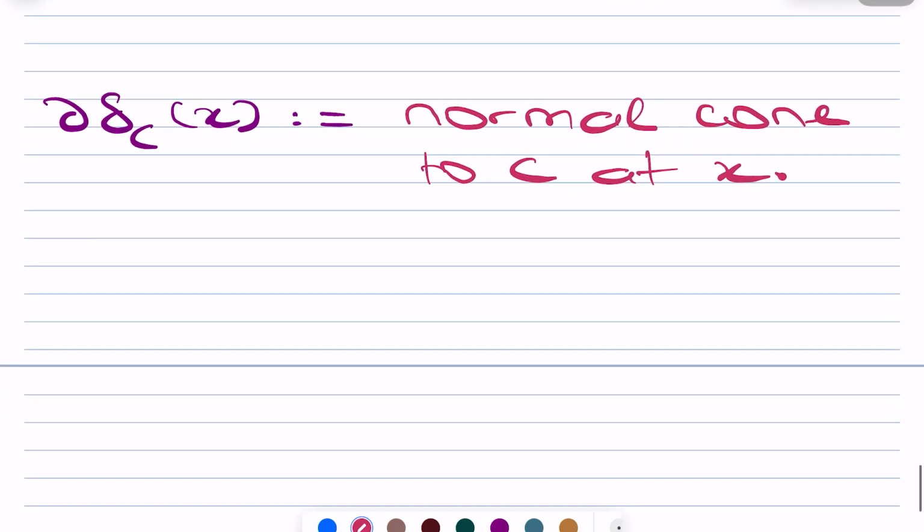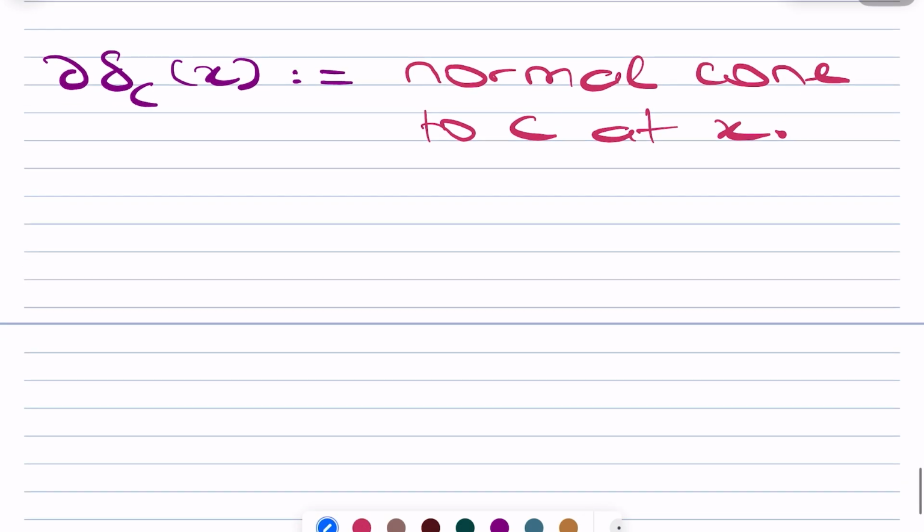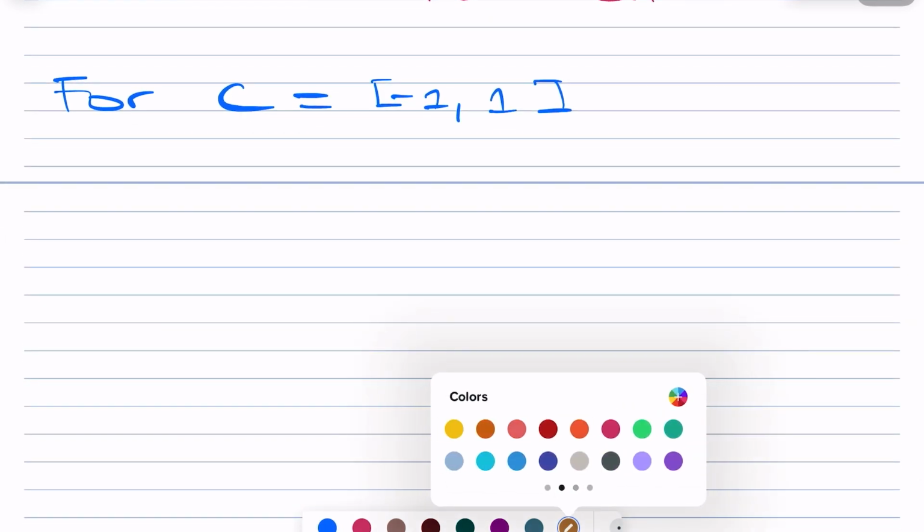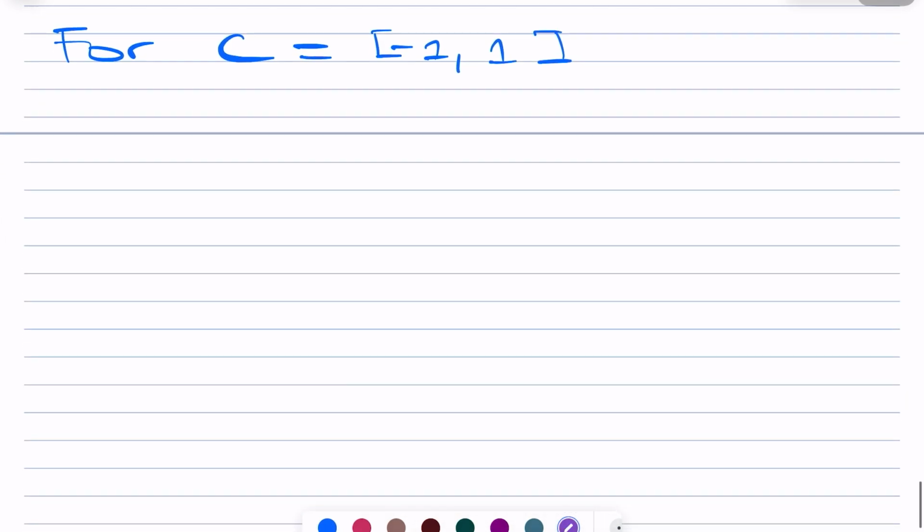For instance, for C equal to the interval minus 1, 1, we can even prove that, this is not really a big deal, you just need to proceed by case distinction.